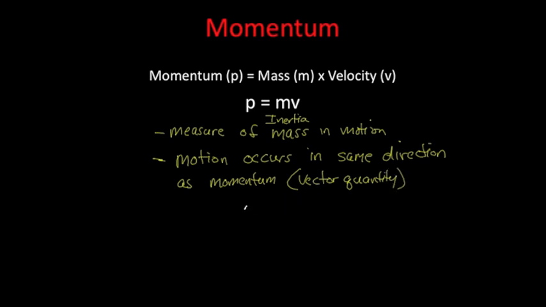The momentum of an object is a product of its mass and velocity. So what does that mean? It means you multiply mass times velocity to calculate momentum.